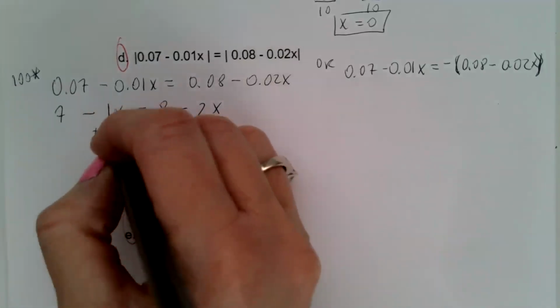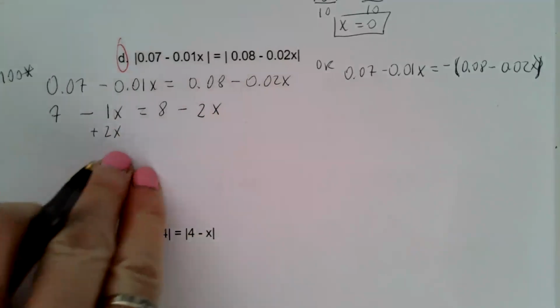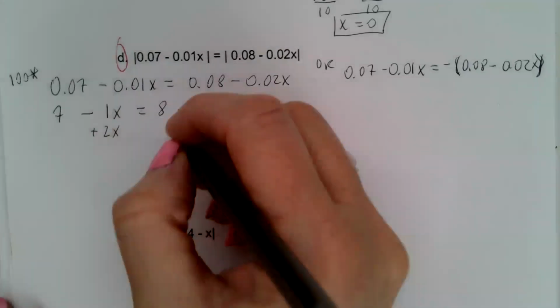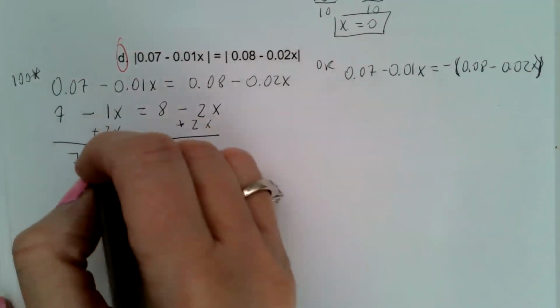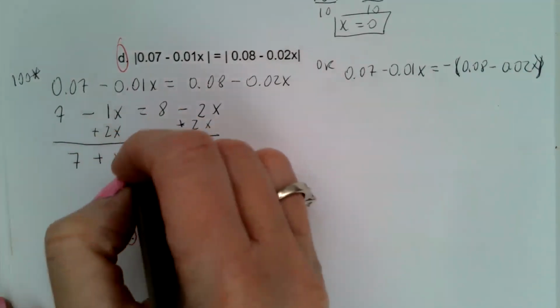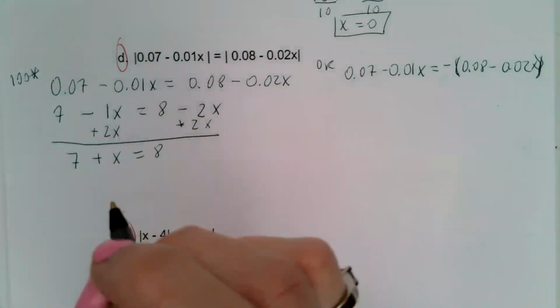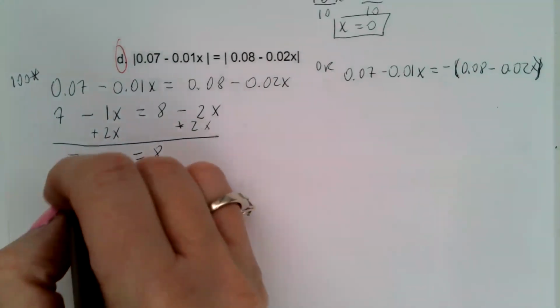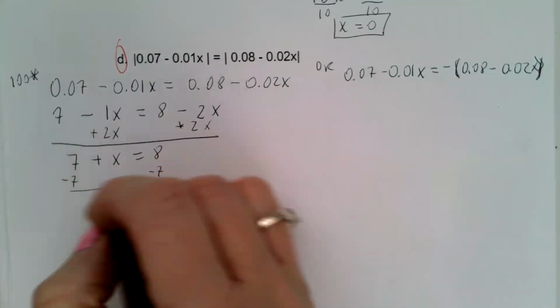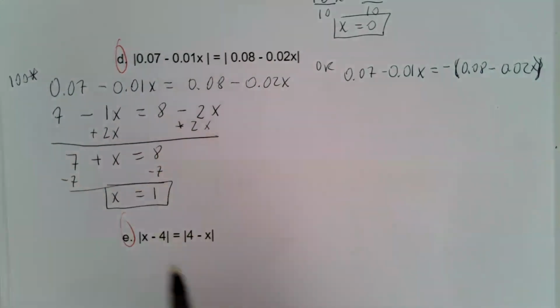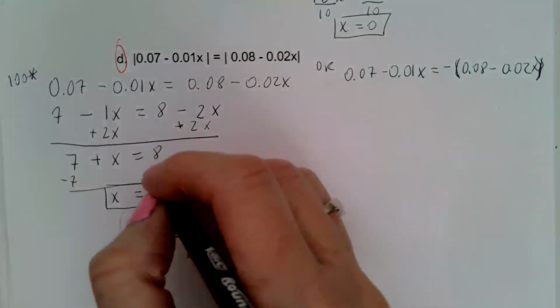Then we're going to add 2x to both sides. So we'll have 7 plus x equals 8. And we're going to subtract 7. And it looks like x equals 1 is the solution on this side.